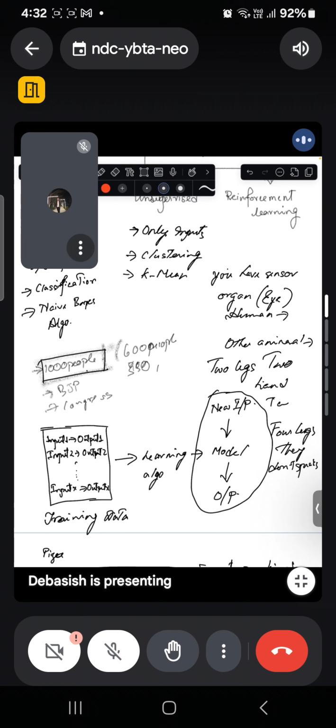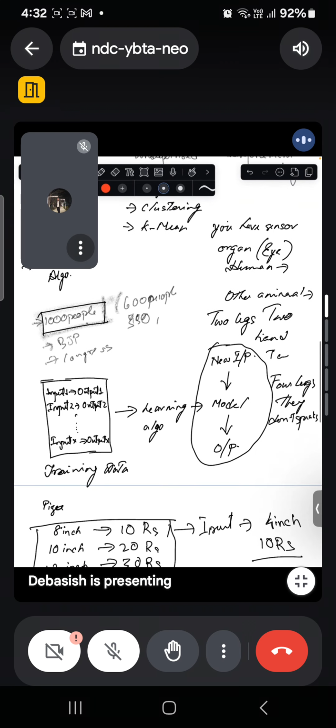So basically, consider the machine as an alien. It does not know. By interpreting the data by itself, it will be able to tell whether it is a dog or a cat, whether it is a human or another animal.